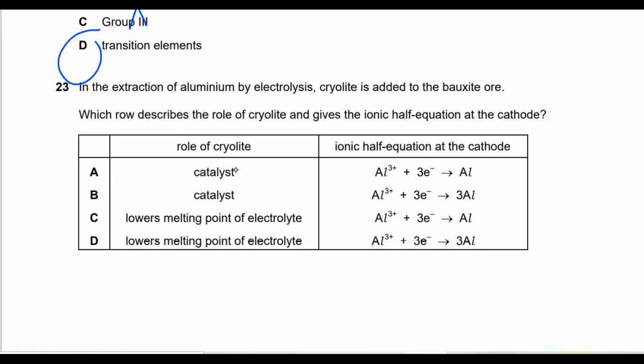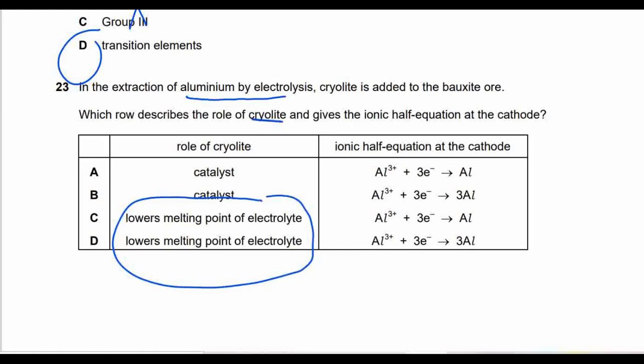Question 23. In the extraction of aluminum by electrolysis, cryolite is added to the bauxite ore. Which row describes the role of cryolite and gives the ionic half equation at the cathode? As we know, the role of cryolite in the extraction of aluminum is to lower the melting point of the electrolyte.